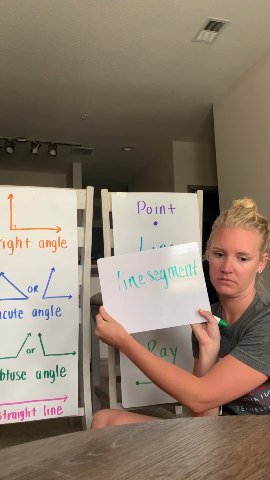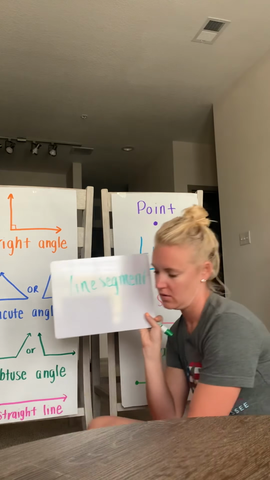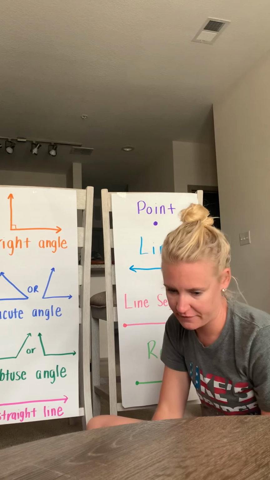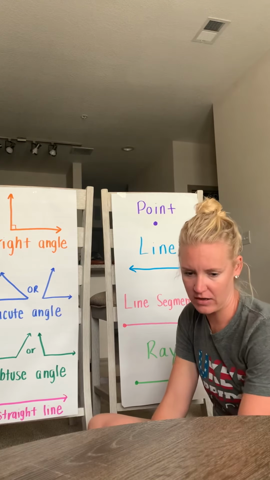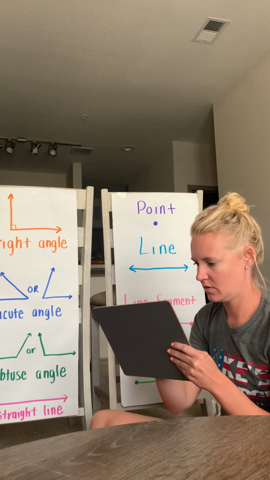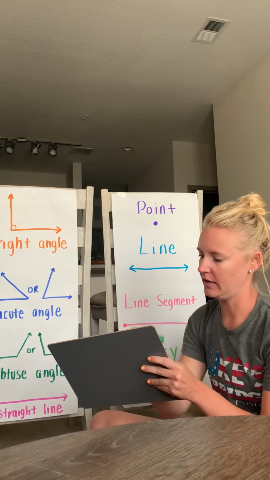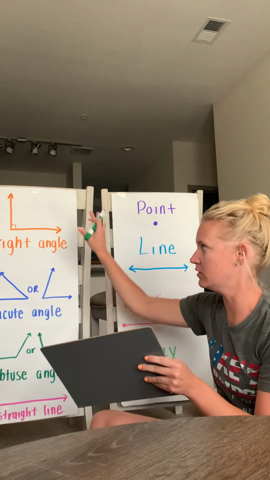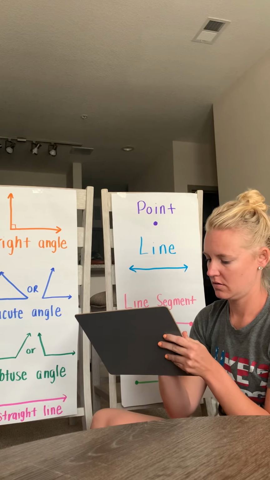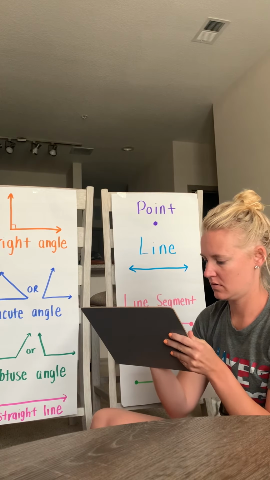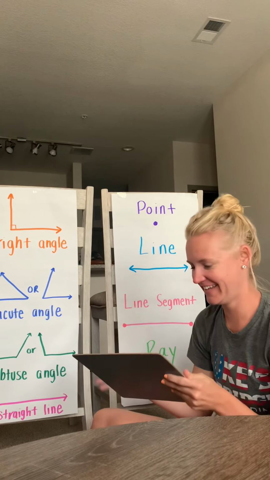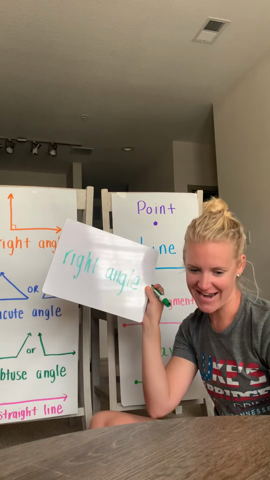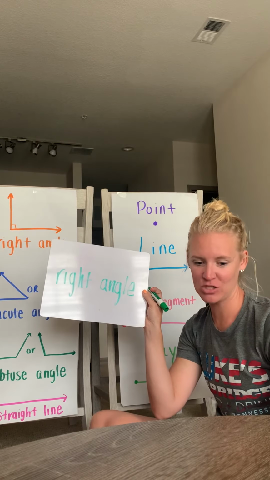Line segment. Okay? Number 5, what is that angle? Hopefully you're writing this. Use the notes. Right angle. Number 5 is right angle.